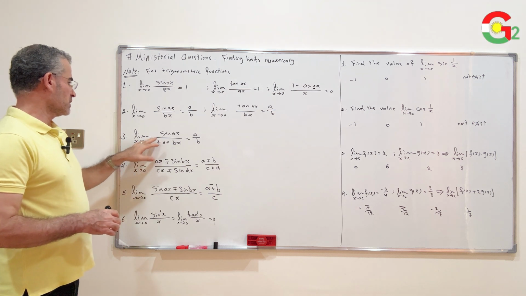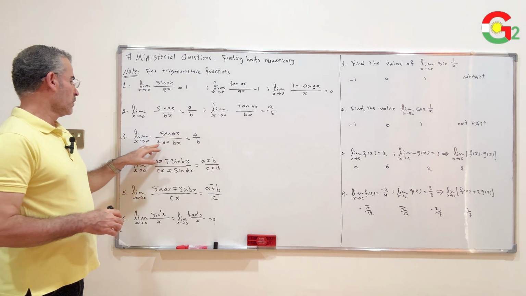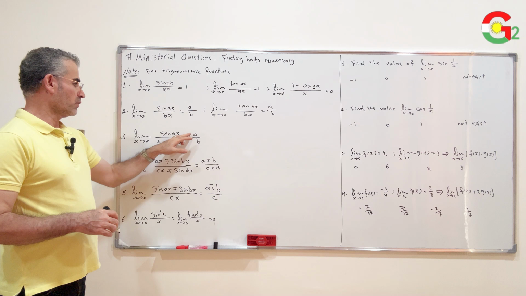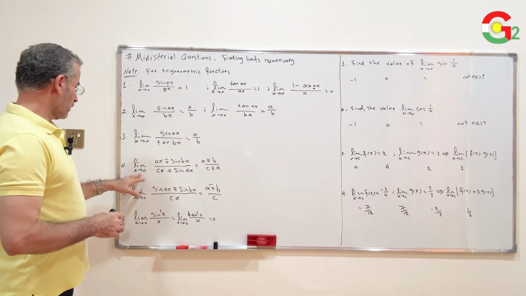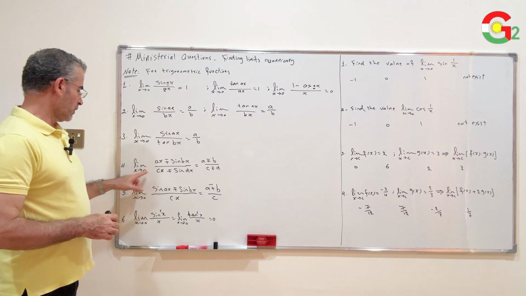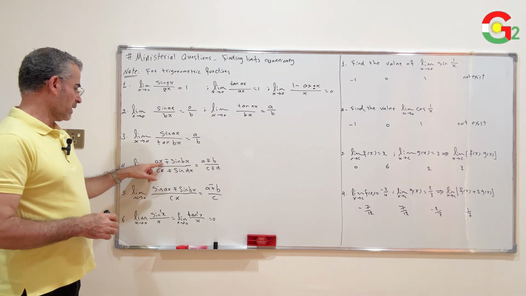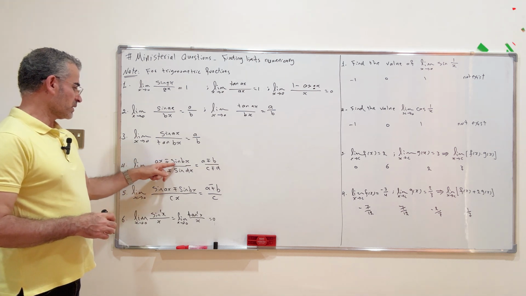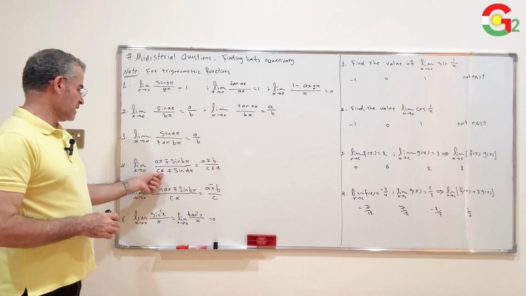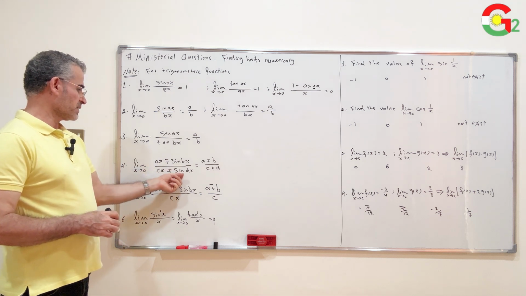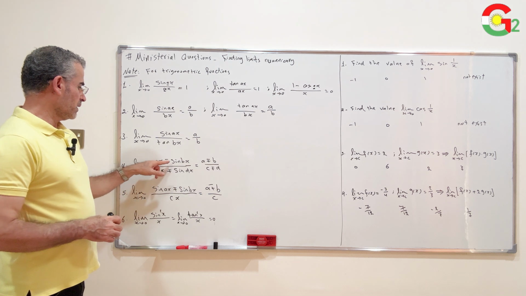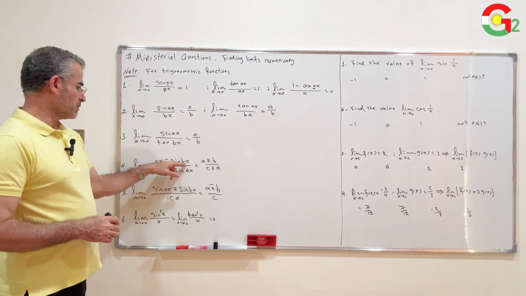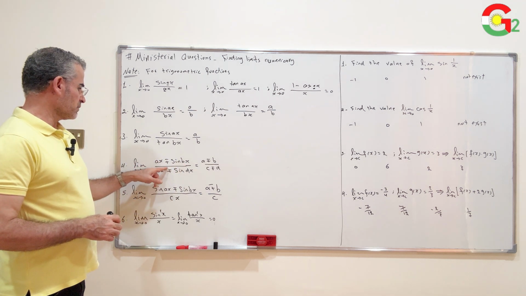Limit x approaches 0, sine ax over tan bx equals a over b. Number 4, limit x approaches 0 for ax, negative or positive sine bx over cx, negative or positive sine dx equals a plus or minus b over c plus or minus d.